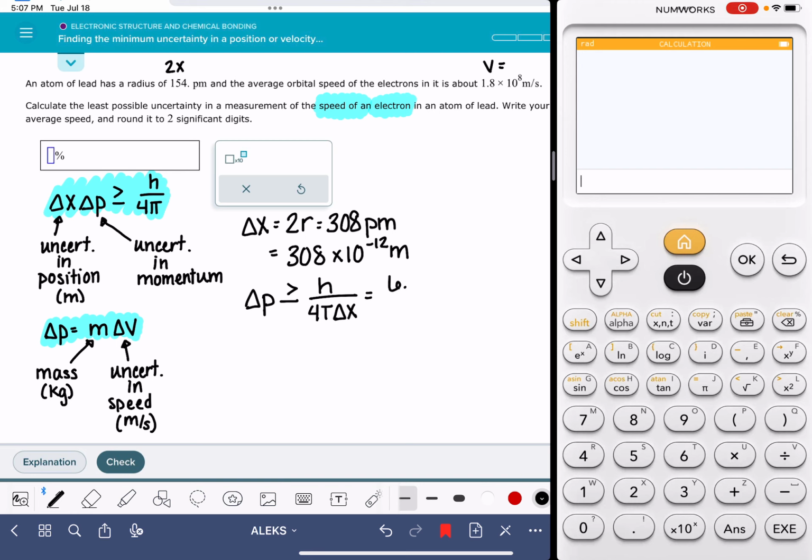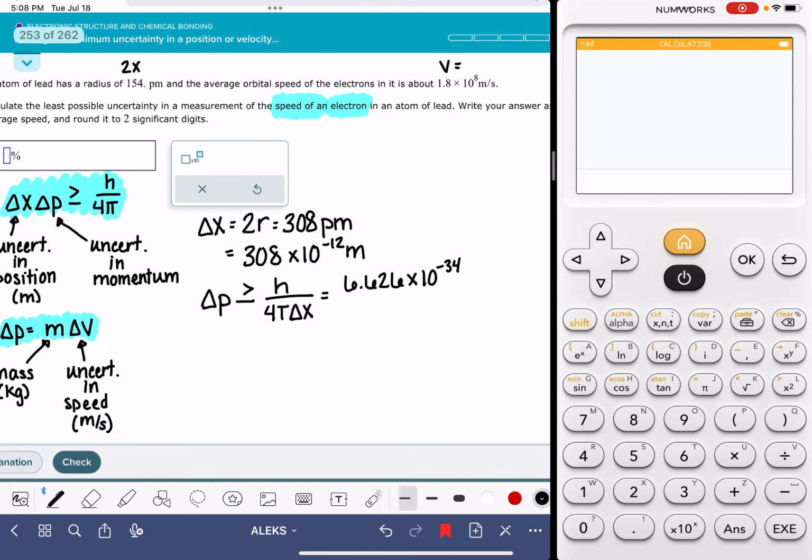Planck's constant is 6.626 times 10 to the negative 34. The units of Planck's constant are joules times seconds, and that is going to be over 4 pi times my uncertainty in the position, which is 308 times 10 to the negative 12 meters.